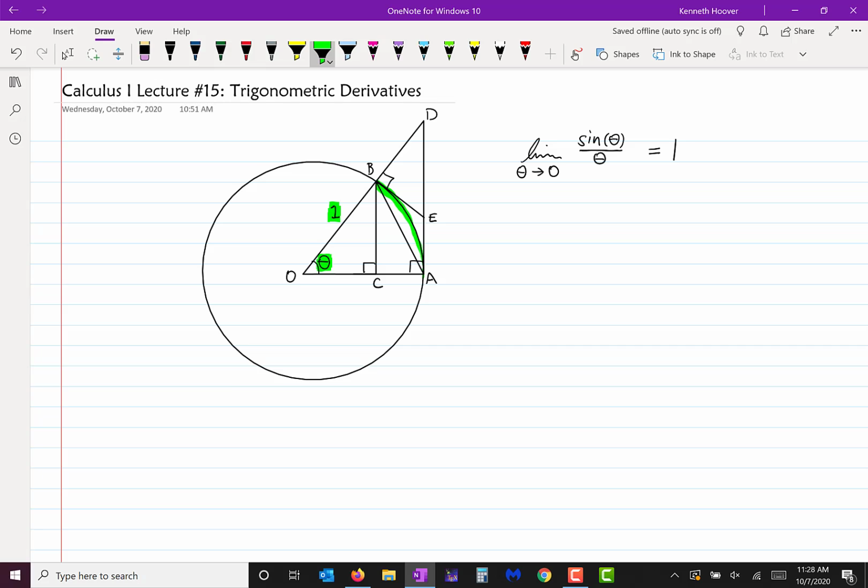So in other words, theta is the same as the length of the arc from A to B. Okay? That's a 1 right there, and this is a theta.